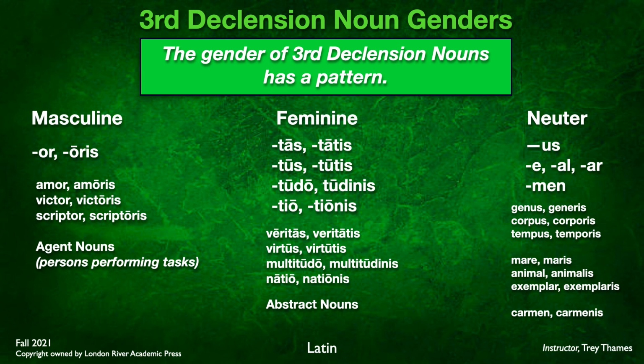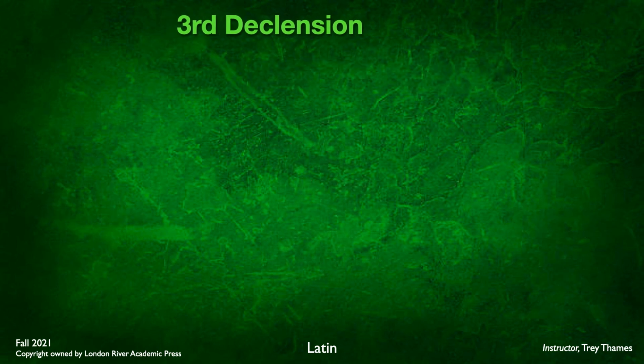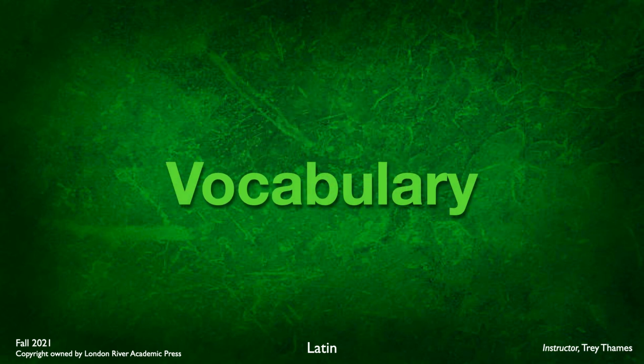And then finally, an example of this last one with the men ending, carmen, carminis. This word means song or poem. So if you learn these endings, these patterns, you can pretty much determine if it's masculine, feminine, or neuter in the third declension. So that's going to do it for us for the rest of this chapter. Go ahead and make sure you study your vocabulary, and you'll have a quiz next time we meet. We'll talk to you later.